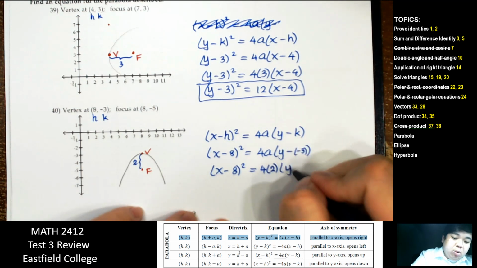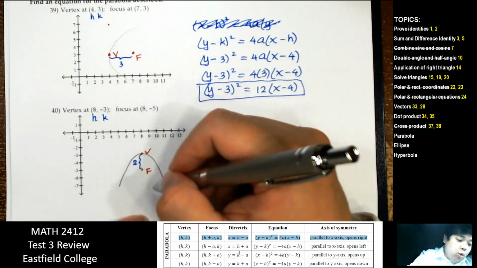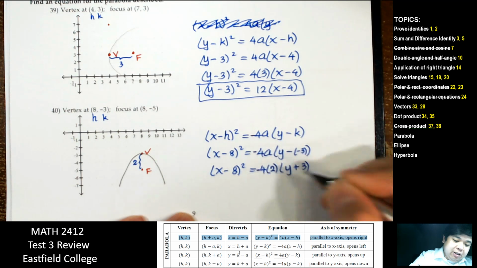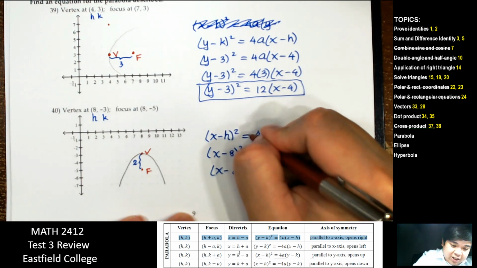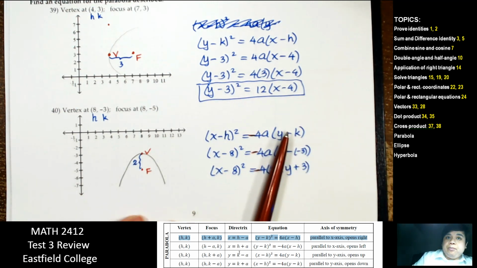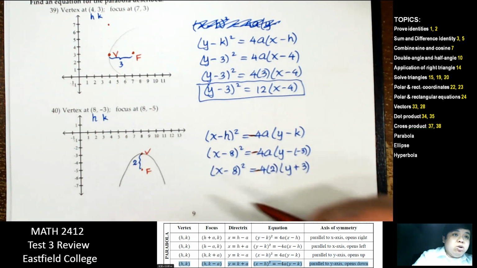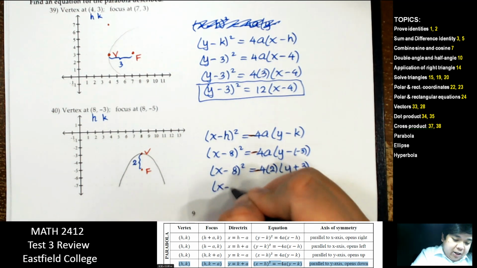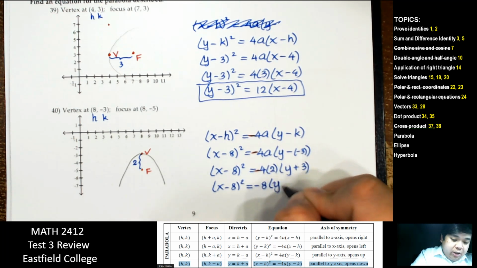Of course, we need to do one more thing. And that one more thing is, if this one open down, it will be negative. Yeah, just using red. It's open down, it is negative. And a is always positive. So have x minus a squared equal to negative 8 y plus 3.